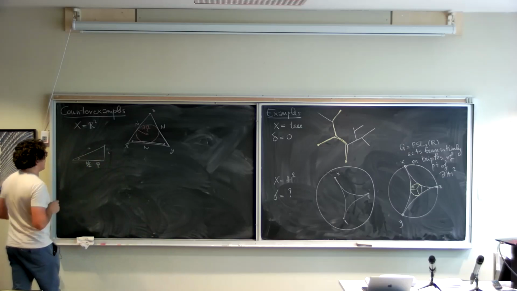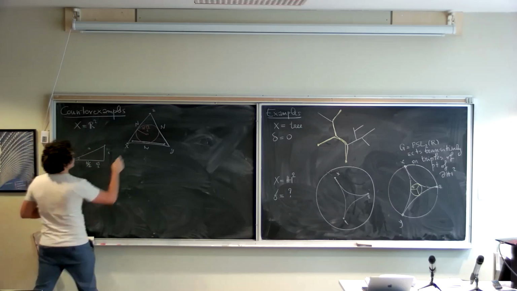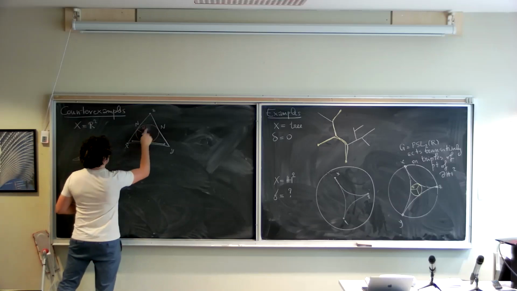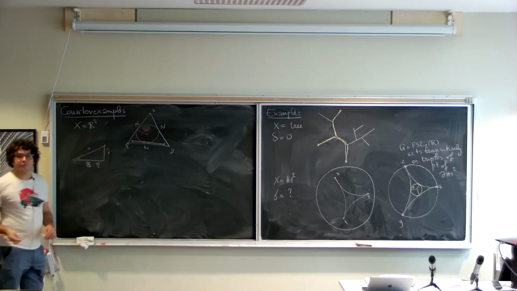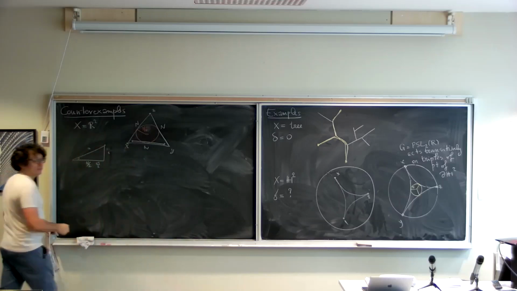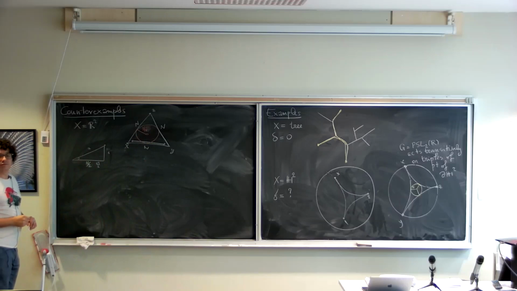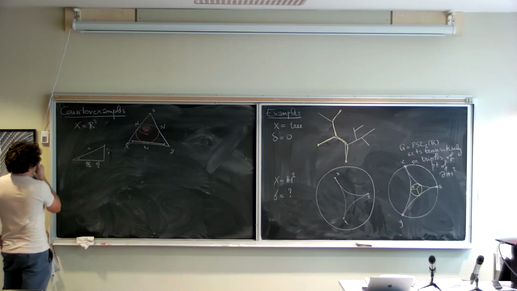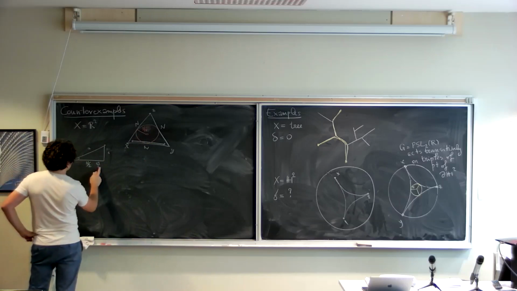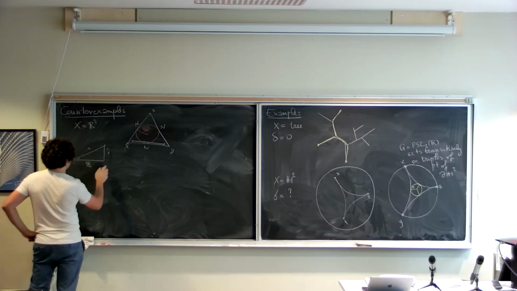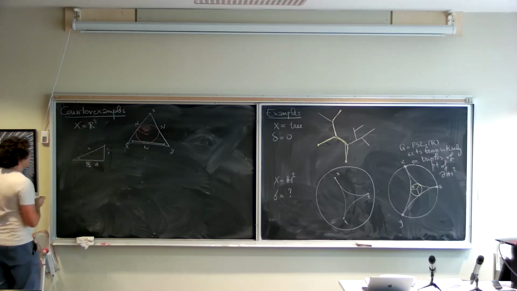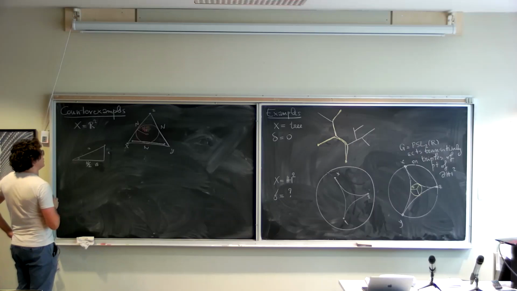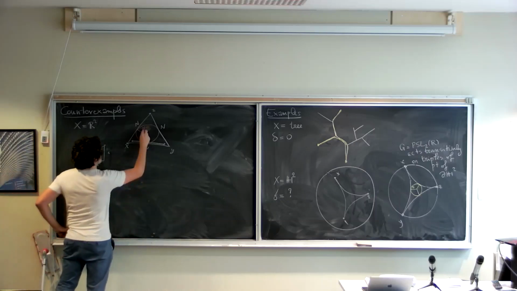So we divide, over 3, I guess, or square root of 3. No, 1, 2, square root of 3. So this is n over 2 square root of 3.